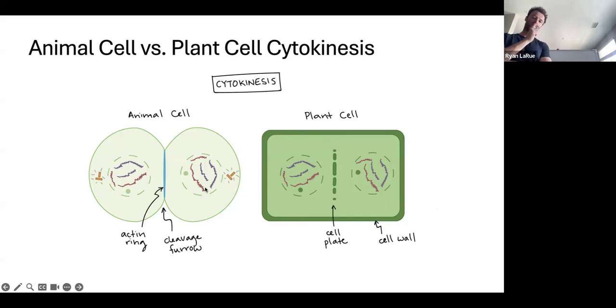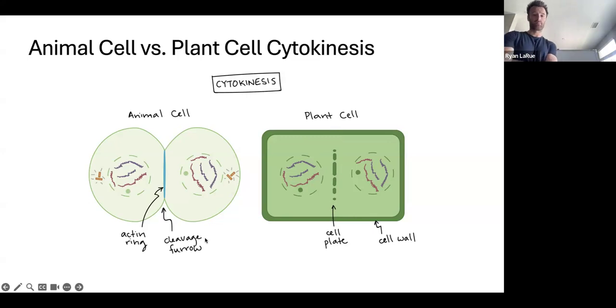So when the plant cell divides, we'll start there, it has to form a new cell wall to connect the two brand new cells. That structure is called a cell plate. So a cell plate is formed in order to split the two cells during cytokinesis.